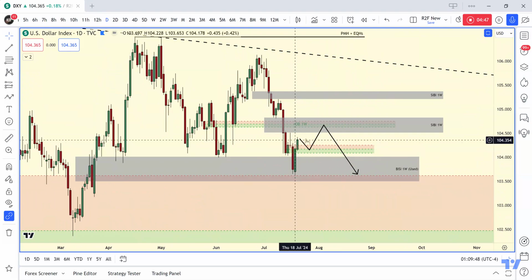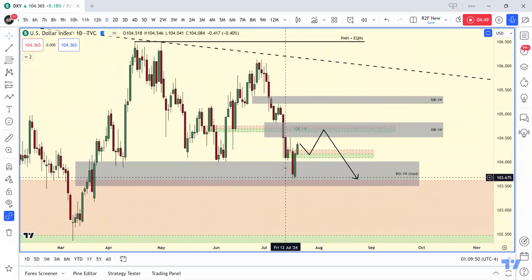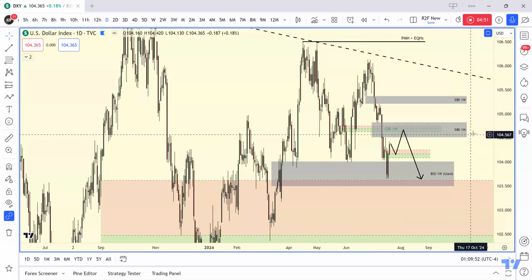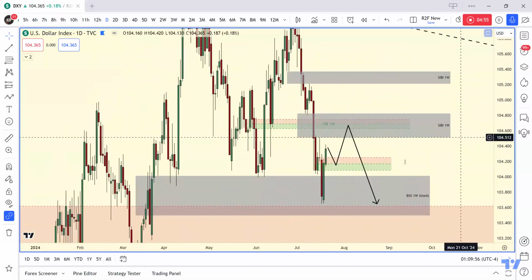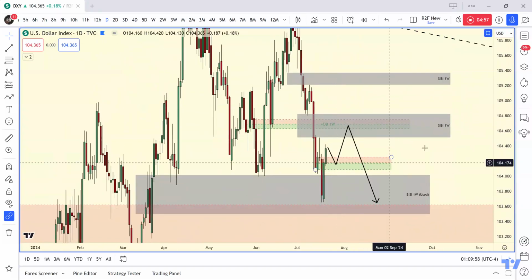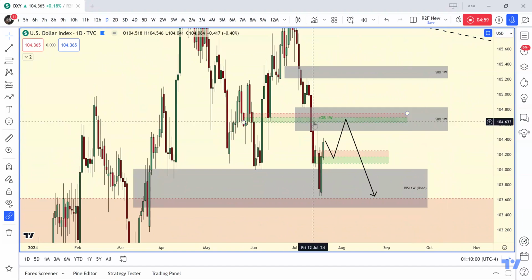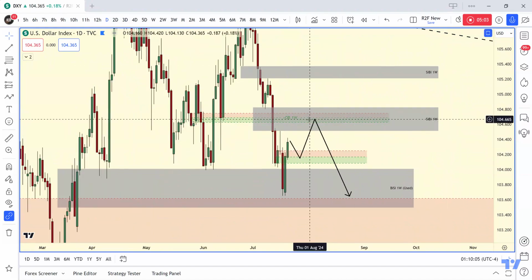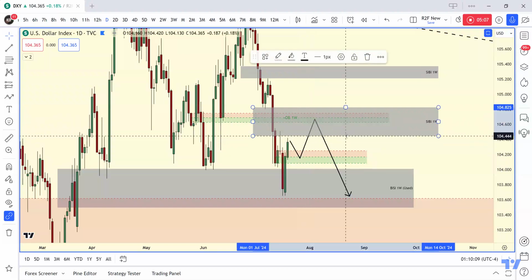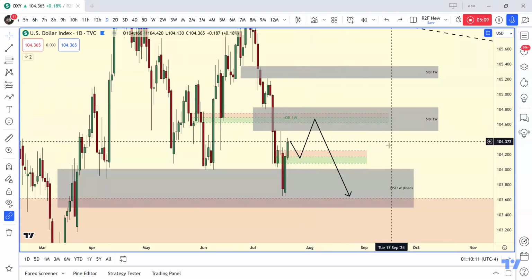But I think we could possibly make another low and possibly be heading more to the downside, deeper into this gap. We didn't actually touch the body of the gap yet, but on this time frame, daily, I want to see some 4 hour or hourly market maker sell model, a little bit of manipulation based on time.